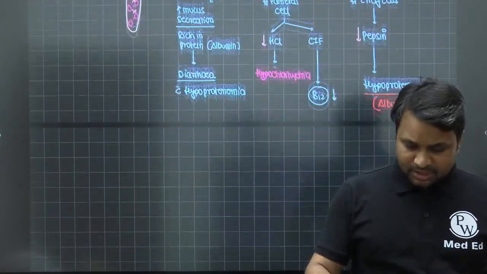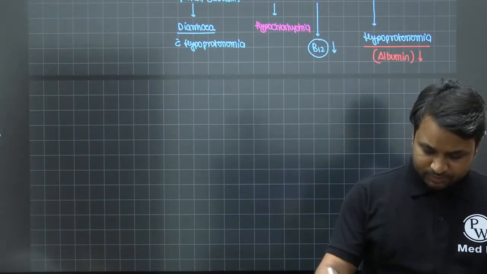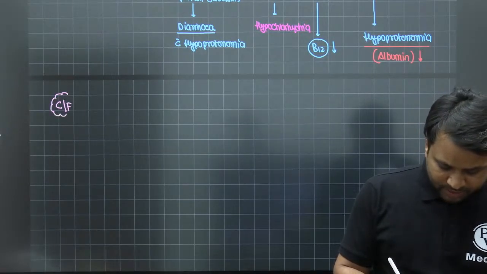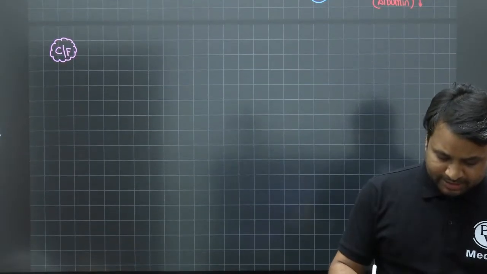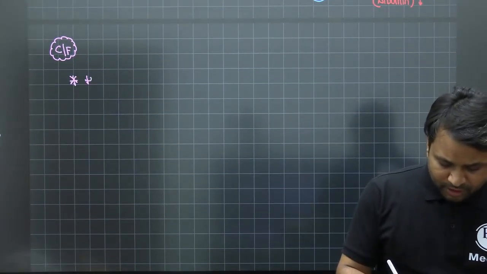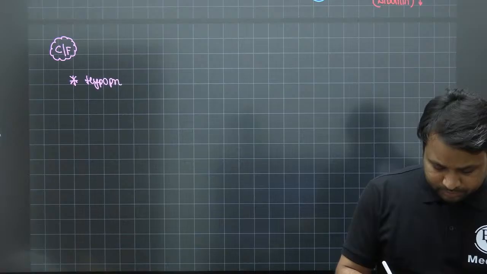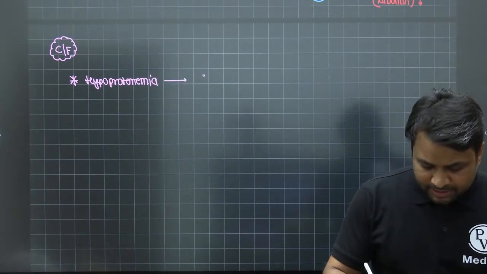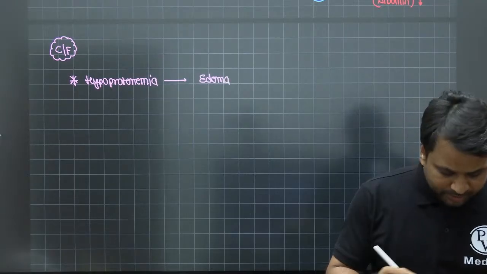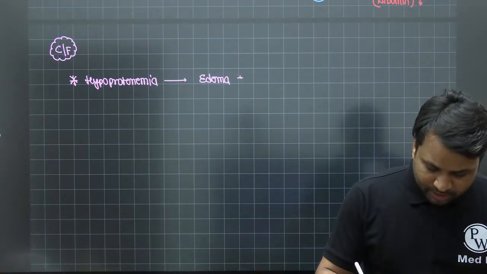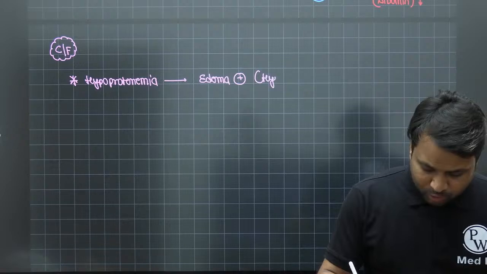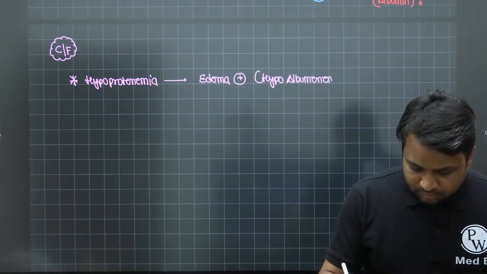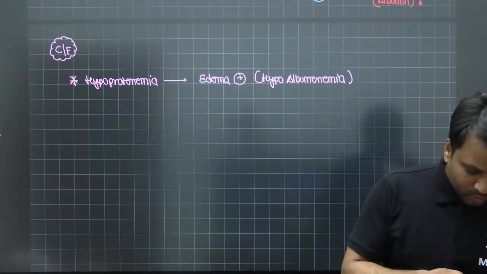So because of this, if you look at the clinical presentation of Menetrier disease, there will be features suggestive of hypoproteinemia. Now, in the hypoproteinemia, there will be presence of edema. This edema is because of hypoalbuminemia.